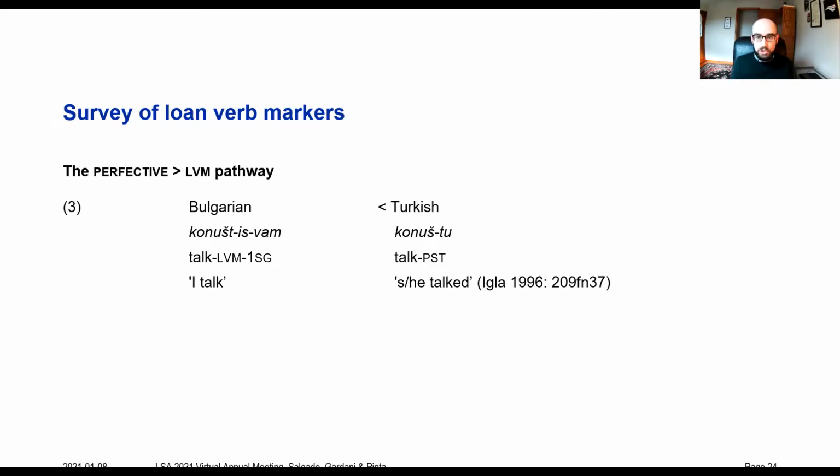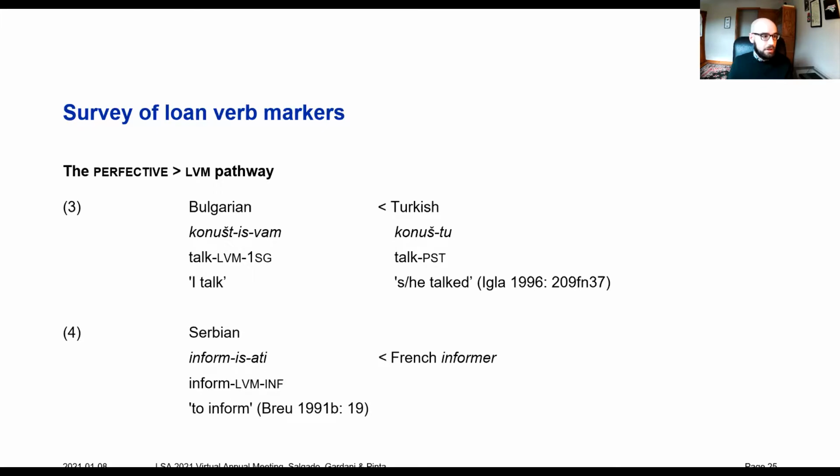So here we see this Turkish source form, and then whenever it's adapted into Bulgarian, we get is. And even though this is, again, Greek in origin, here it's just been generalized to become a marker. And then here's another example from the Balkan Sprachbund. We see it in Serbian, a similar type of use of that morpheme.